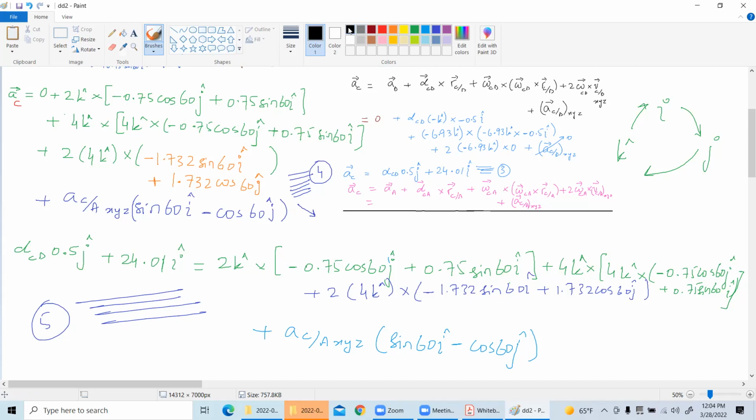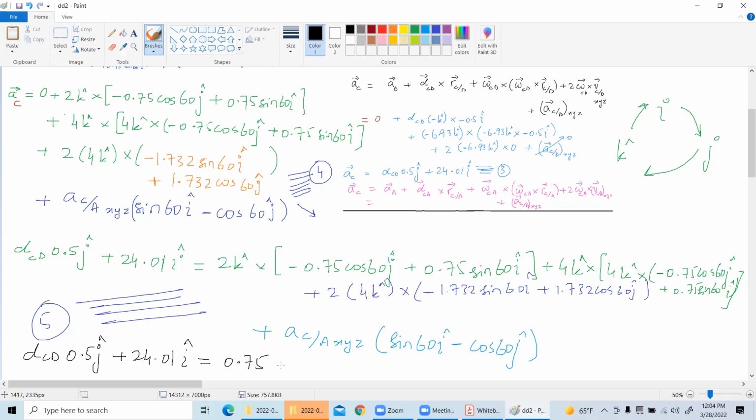So there is a student of our class who actually did it, but I will do it again. Two equations, two unknowns. So alpha CD multiplied by 0.5 J plus 24.01 I equal to 0.75.